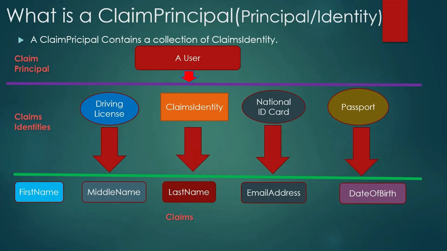That means your first name, middle name, and last name in your passport will be the same information in your driving license and in your national ID card. So all this information can be used to identify a user with a claims principal.